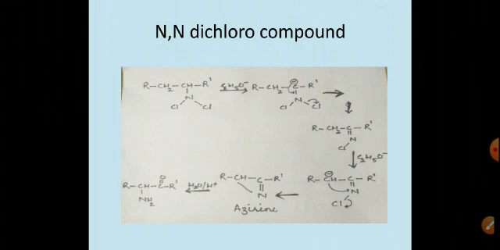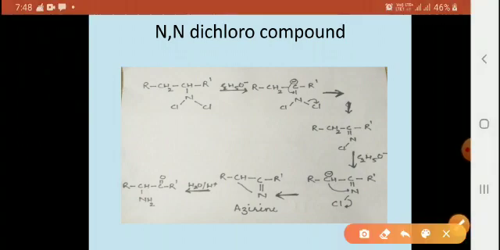A similar reaction is given by N,N-dichloroamine. N,N-dichloroamine reacts with base. The base abstracts the most acidic hydrogen and forms a carbanion. The negative charge moves from carbon to nitrogen and Cl leaves as a leaving group.